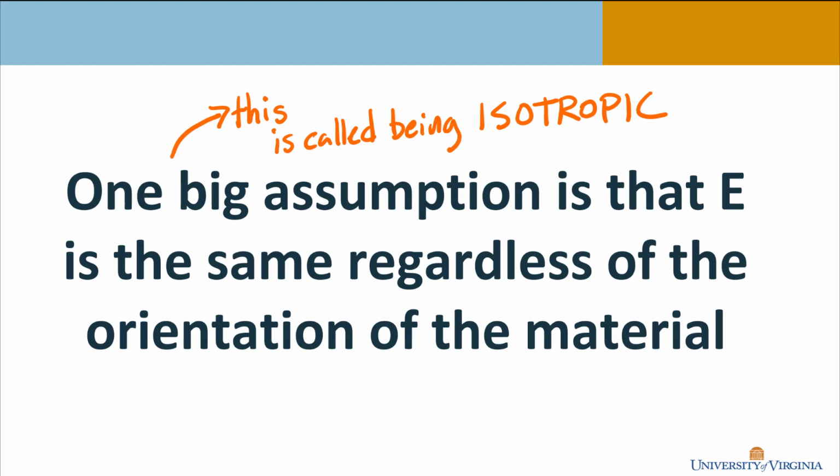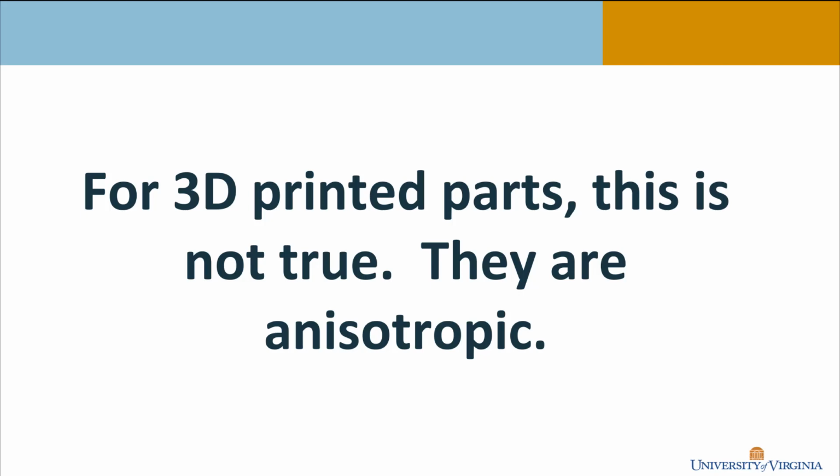And most metals, when you're working with metals, are generally considered isotropic materials. The orientation of the metal doesn't change the properties of it. Most metals. For 3D printed parts, this is clearly not true, and they're called anisotropic.